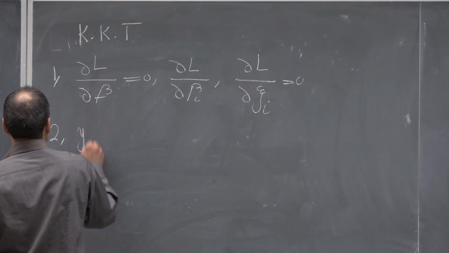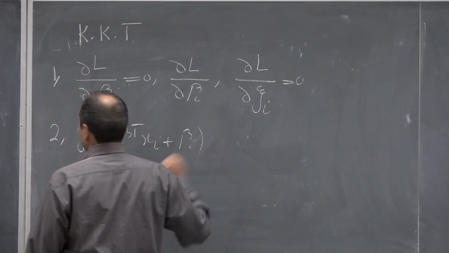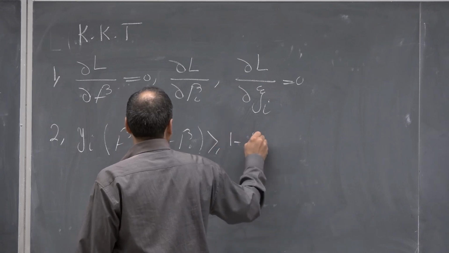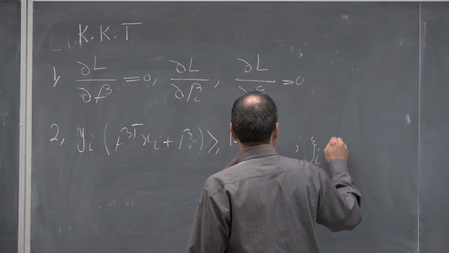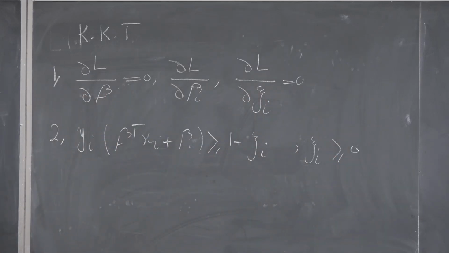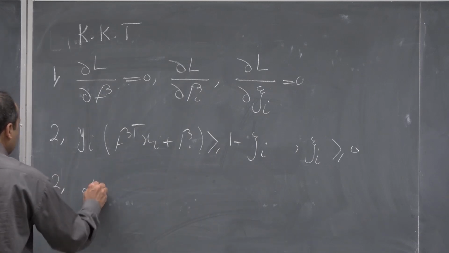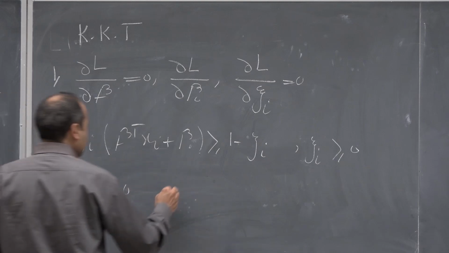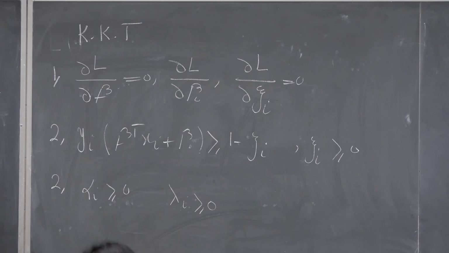It means that yi times beta transpose xi plus beta null is greater than or equal to 1 minus zeta I, and sorry, it's not epsilon, zeta I is greater than or equal to 0. So that's primal feasibility. And dual feasibility means that alpha I should be greater than or equal to 0, and lambda I should be greater than or equal to 0. These are my dual variables, or Lagrange multipliers, they should be greater than or equal to 0.